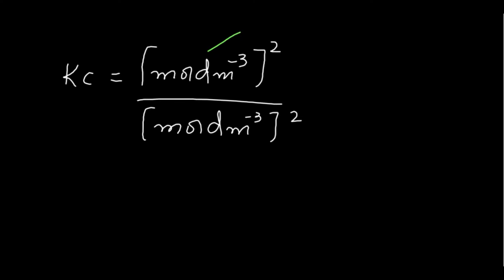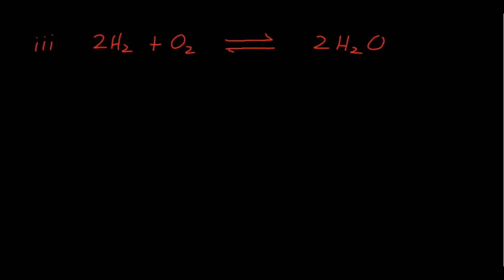Equal and opposites, right, students? So that's why they will be cancelled out. So in this case, Kc has no unit. Kc has no unit since the number of moles of reactants and products are equal.